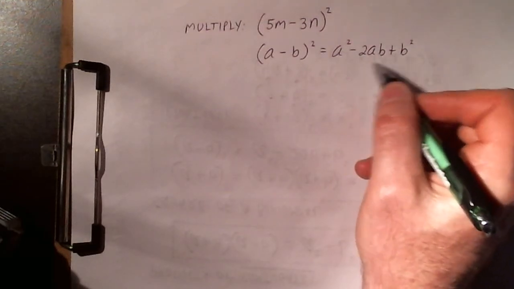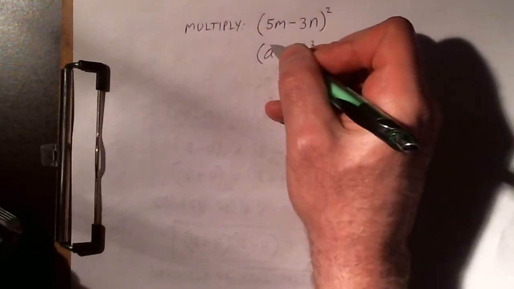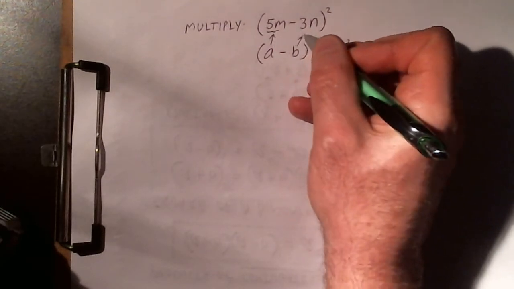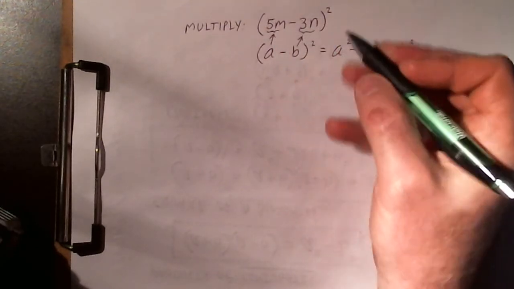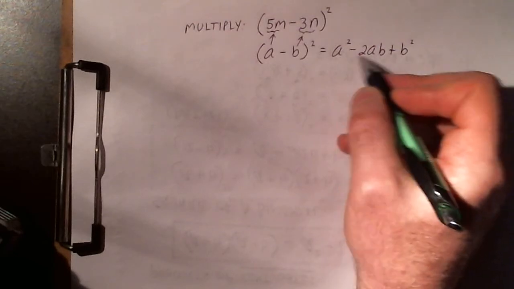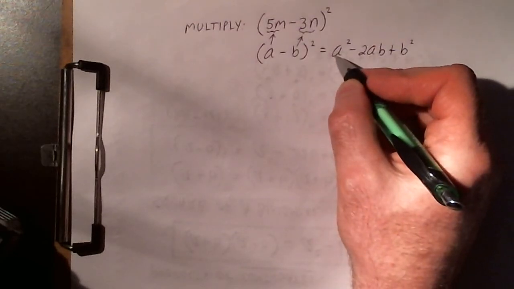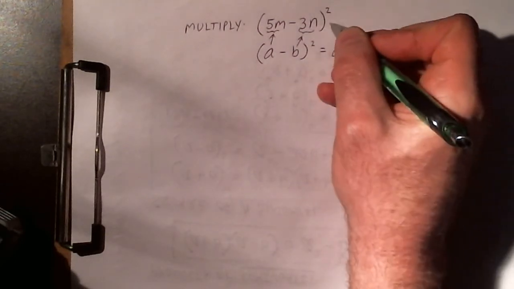So following this pattern along here, my a is really like a 5m. My b is really like the term 3n. So wherever we see an a in this pattern, I replace it with 5m. So a squared suggests I'm going to have 5m squared.